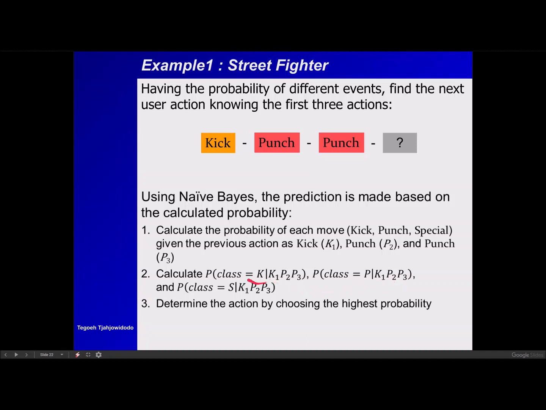And then we do it also for the probability of having a special movement in action 4, given that we have kick in the first action, punch in the second action, and also punch in the third action. Okay, then we calculate these three probabilities. We pick the largest one, and then we use that class with the largest probability as our estimate of the fourth action. It's just simply like that.